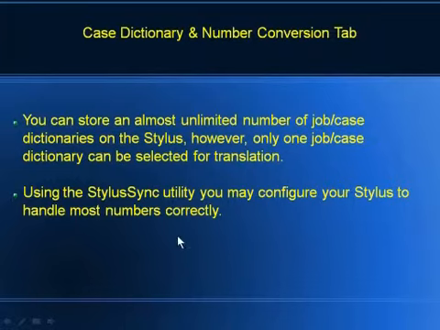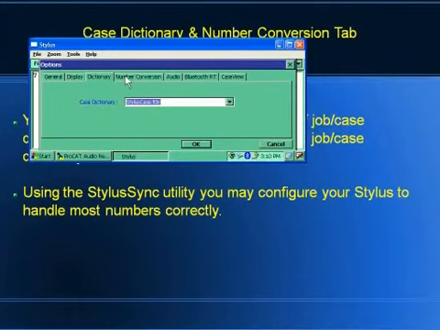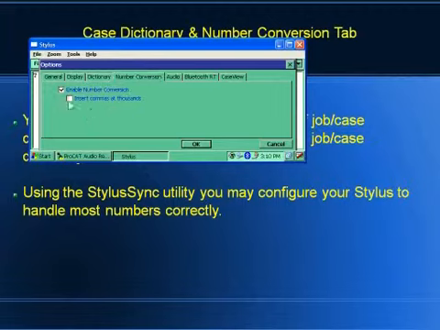And then the last thing is our number conversion tab. I'm going to go right back to that here. And this one just enables and disables number conversion. The actual implementation of number conversion comes from the Stylus Sync program, and we're going to cover that a little bit more in a little while.